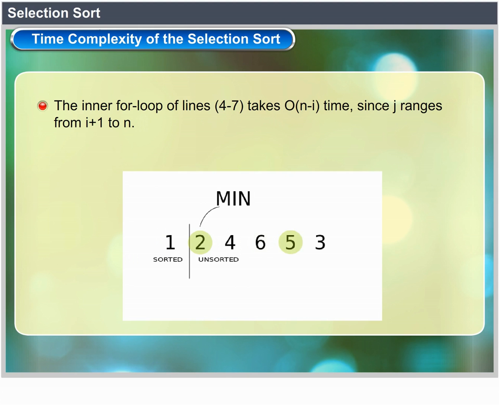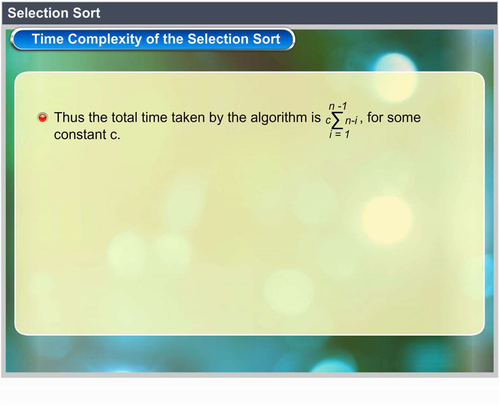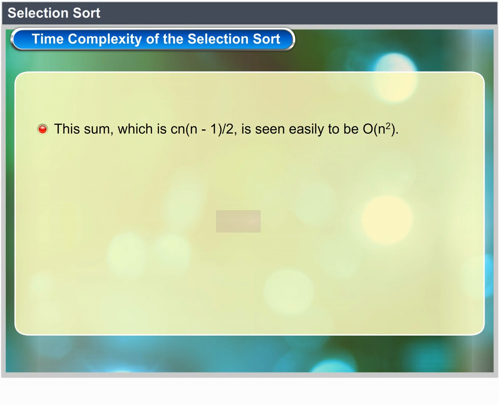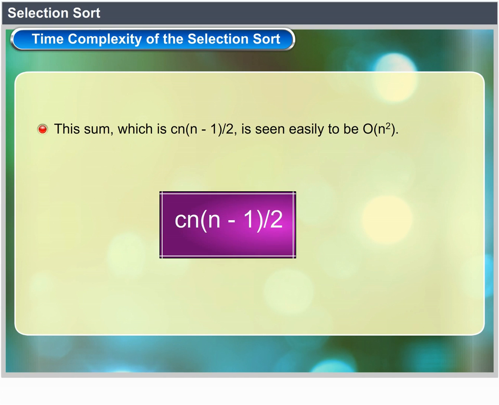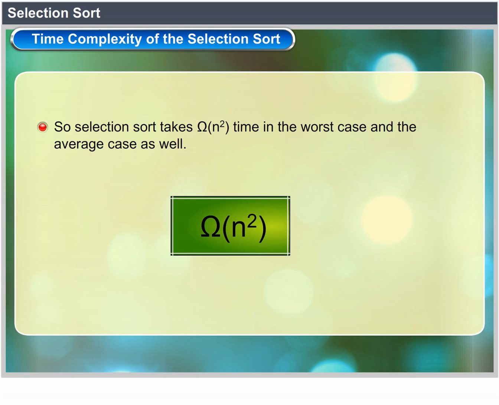Thus, the total time taken by the algorithm is C Σ_{i=1}^{n-1} (n - i) for some constant C. This sum, which is Cn(n-1)/2, is seen easily to be O(n²). So, selection sort takes Ω(n²) time in the worst case and the average case as well.